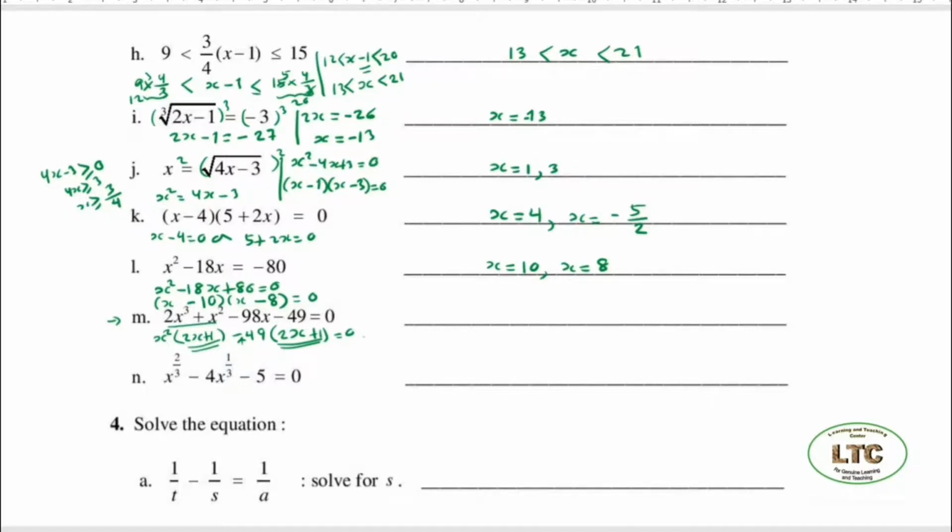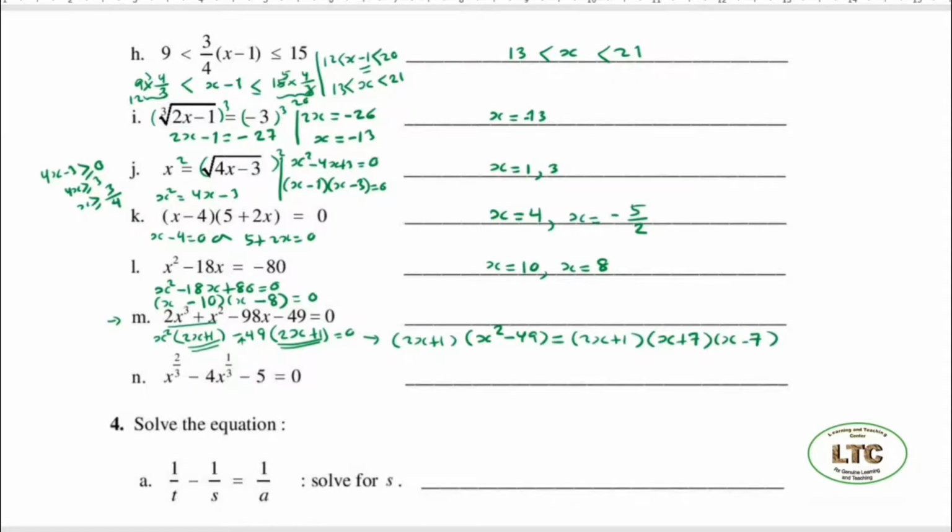Therefore, you take 2x plus 1 out as the common factor. Inside, you leave x squared minus 49. So this is square minus square form. 49 is what square? 7 squared is 49, so x plus 7 and x minus 7 by the formula.